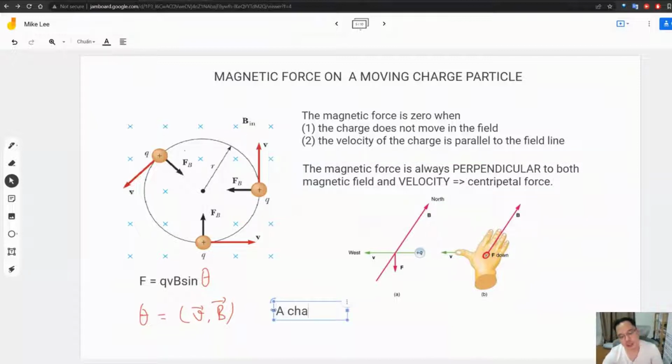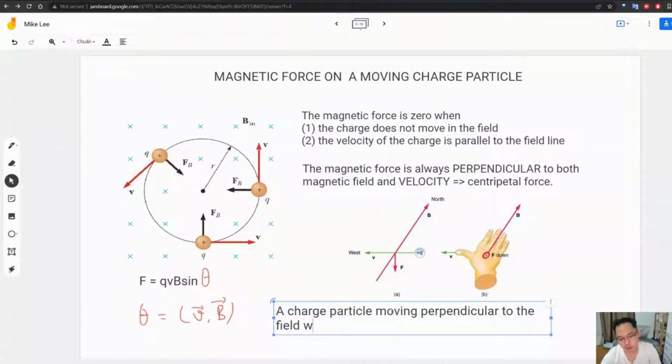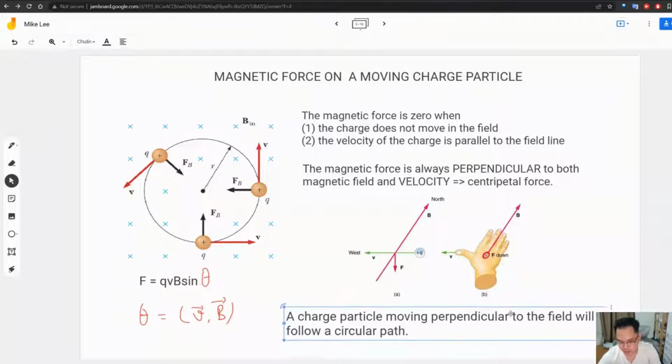Therefore, a charged particle that moves perpendicular to the field will follow a circular path. That is most of the cases, 90%.